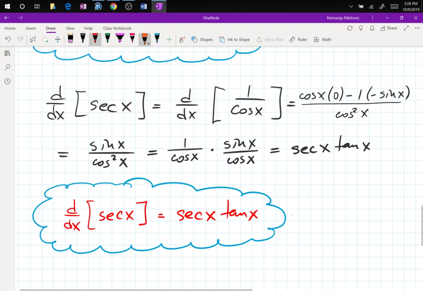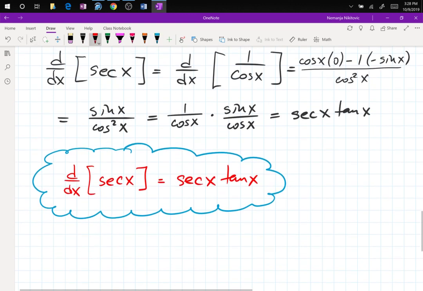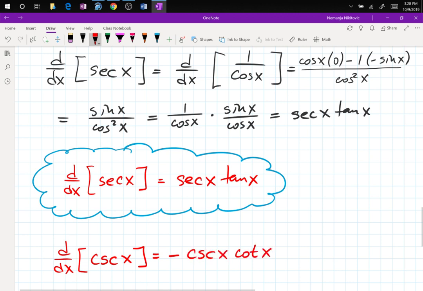So now with that, what is the derivative of cosecant? Yes, negative cosecant x cotangent x.